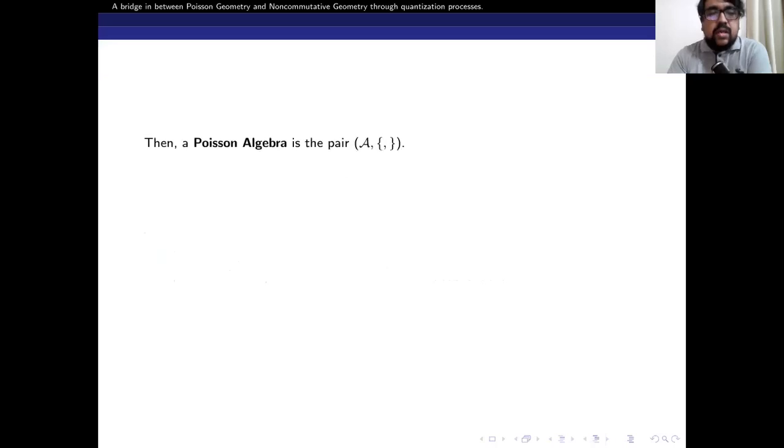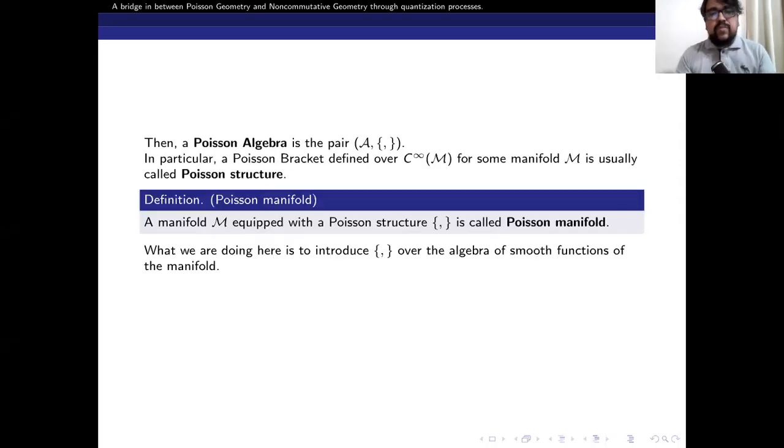Well, then the Poisson algebra is just this pair, an algebra with the bracket. In particular, the Poisson bracket defined over the smooth functions on a manifold is usually called a Poisson structure. So if you take the smooth functions over a manifold, you take the algebra of these functions and you equip it with the Poisson bracket, now you have what is called a Poisson manifold.